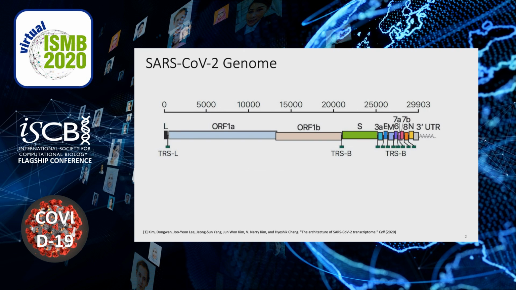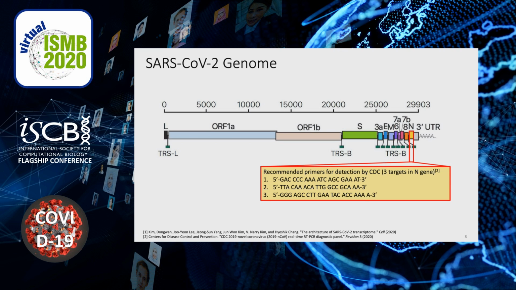So as we all know, the SARS-CoV-2 genome is approximately 30,000 base pair long, and this figure shows position of known canonical ORFs in the genome. Now, typically for purposes of detection using RT-PCR, one would use primers that target specific regions in this genome.